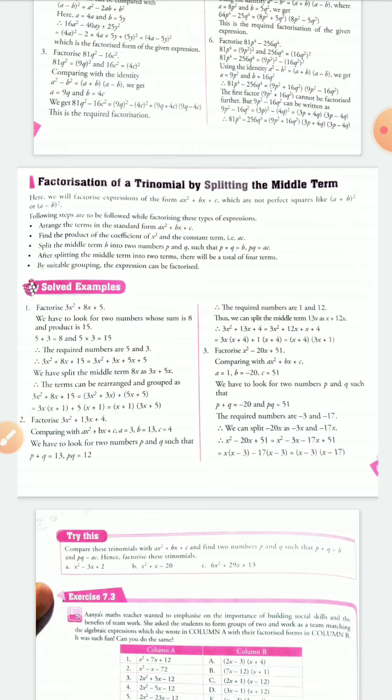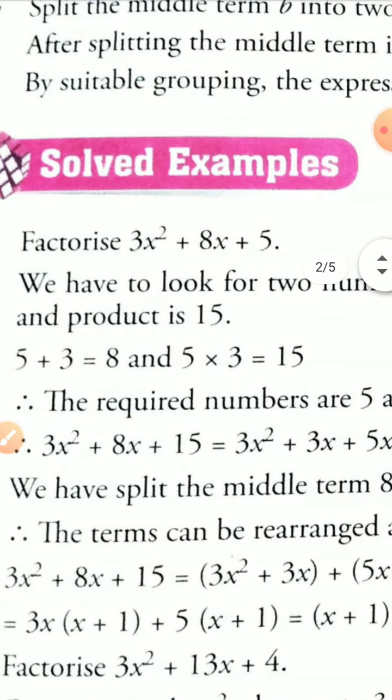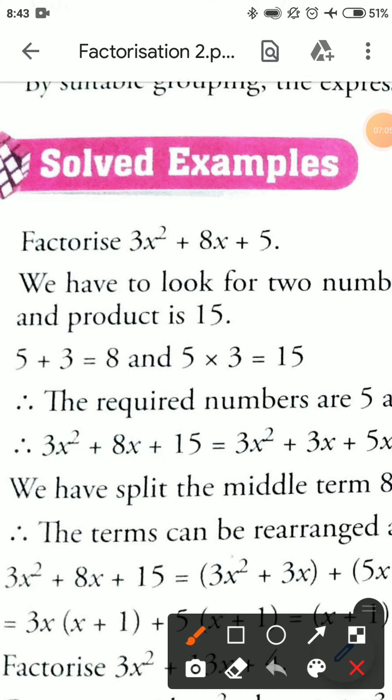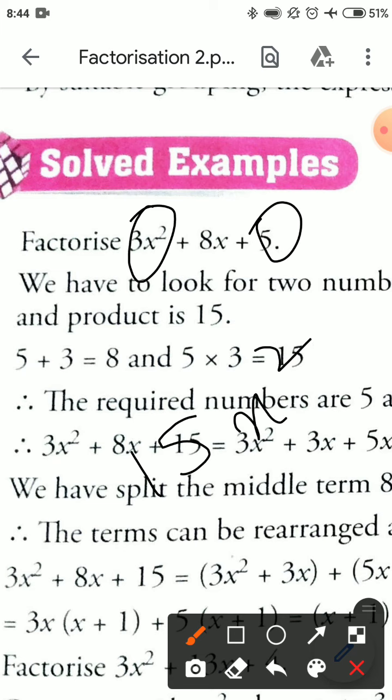Suppose that we have to factorize this 3x square plus 8x plus 5, right? So what we have to do is, first we will multiply this 3x square with 5, right? So what we will get is 15x square, right?